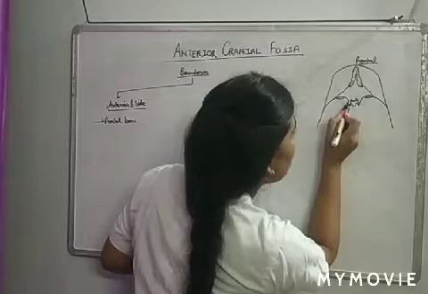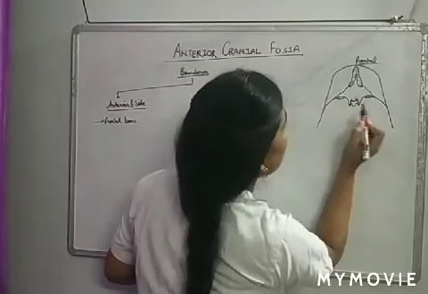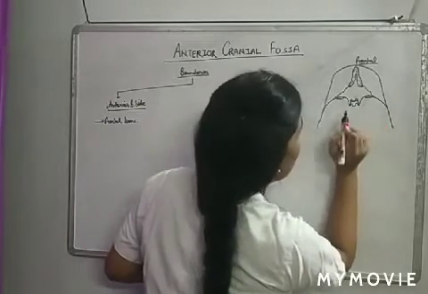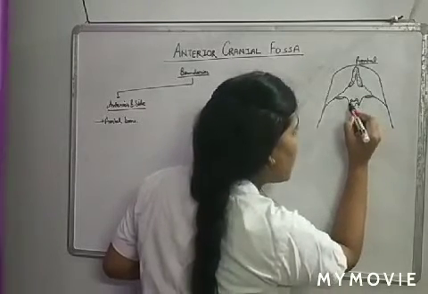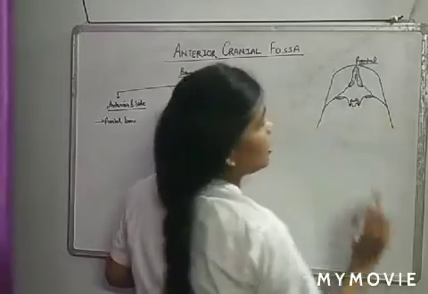Posteriorly it is formed by the posterior margin of the lesser wing of the sphenoid, the anterior clinoid process, and the anterior margin of the sulcus chiasmaticus.